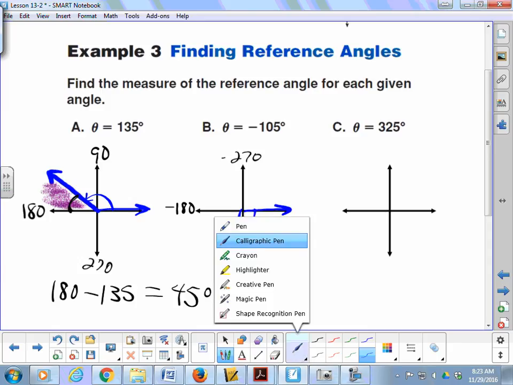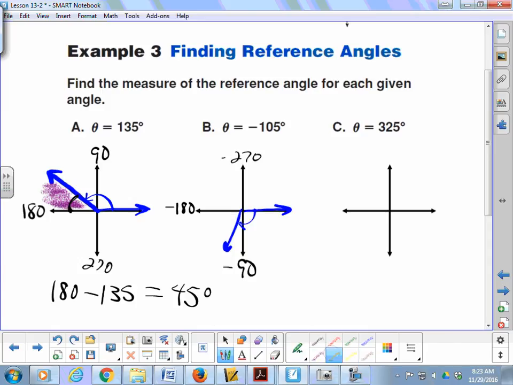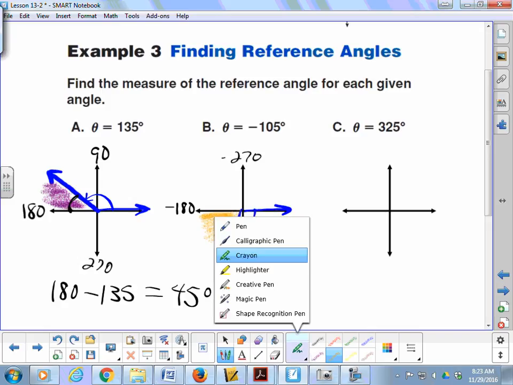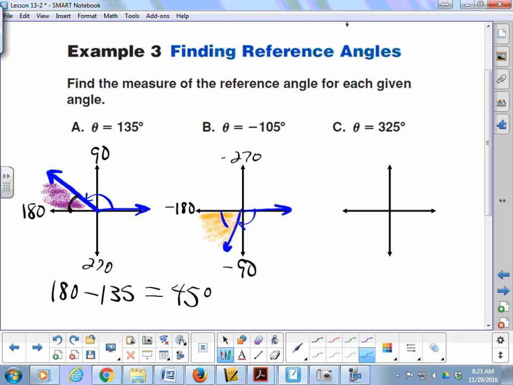So we want to find this distance here, all right? What is that angle represented there? What is this angle? What's that angle, right? So we want to get from 105.